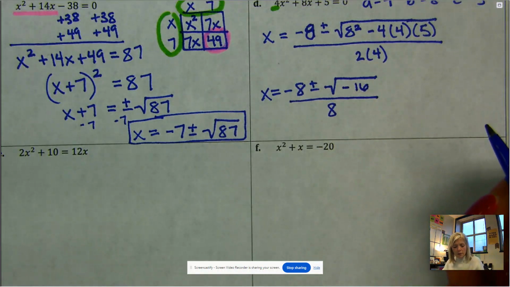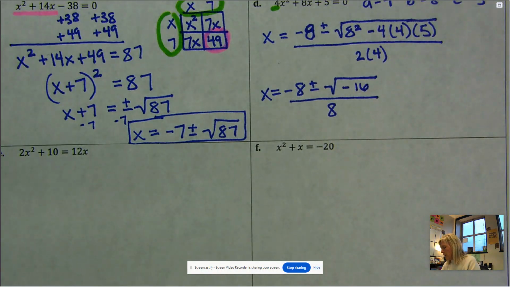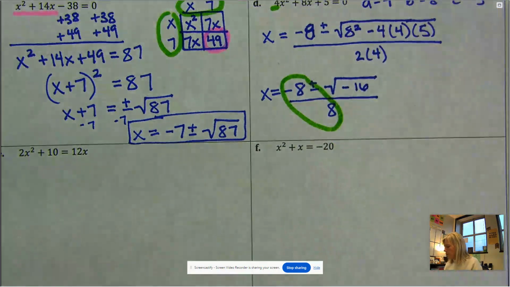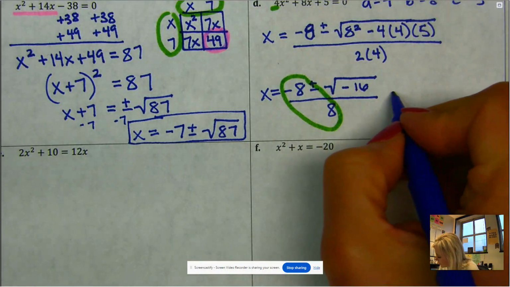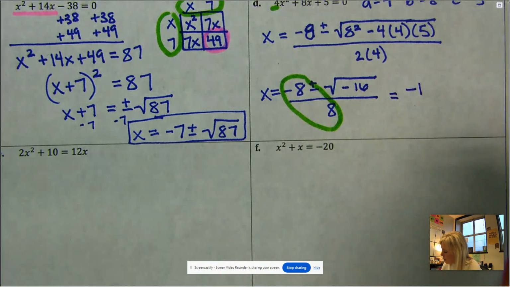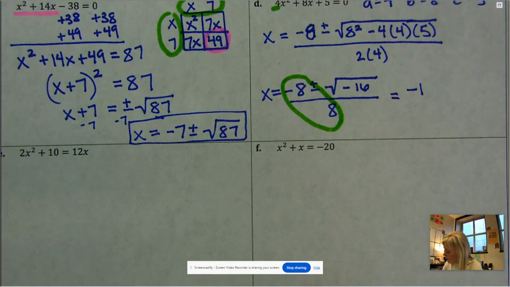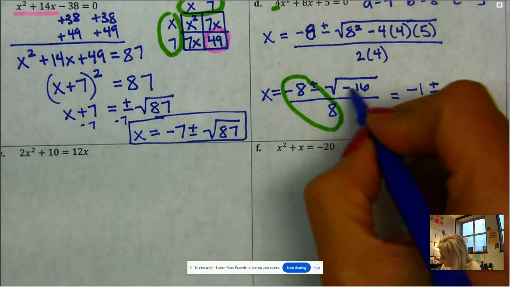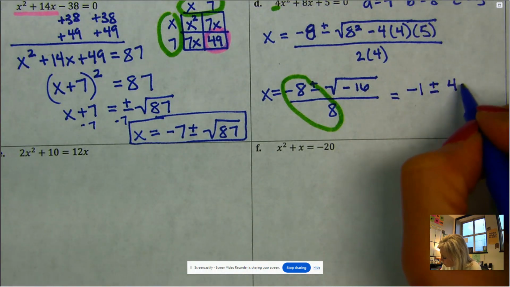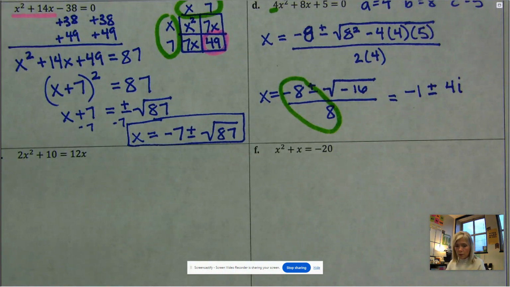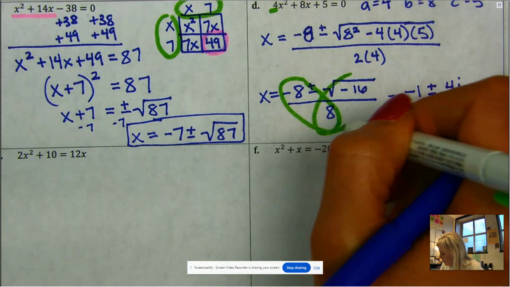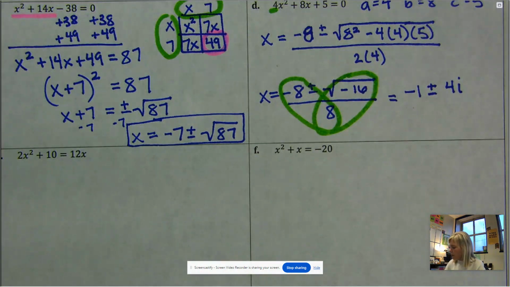So there's quite a bit of simplifying to do now. We're going to divide both of these terms by the 8. So negative 8 divided by 8 is negative 1. And then plus and minus. The square root of negative 16 is 4i, right? Because the square root of 16 is 4, so the square root of negative 16 is 4i. And then I have to also divide that by 8.